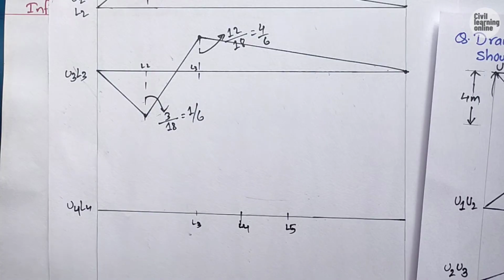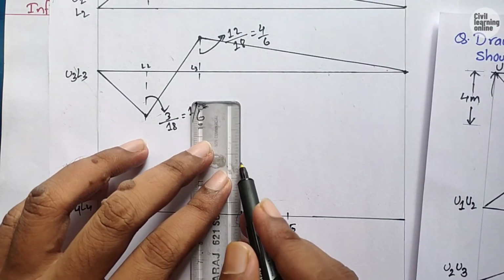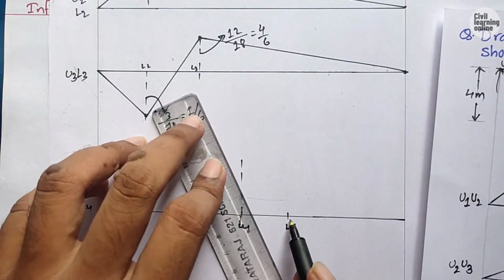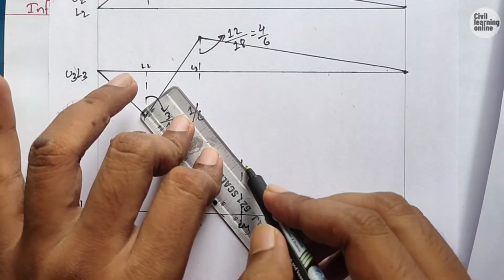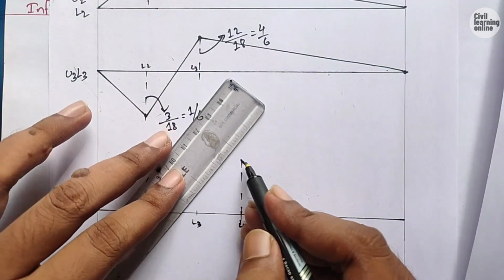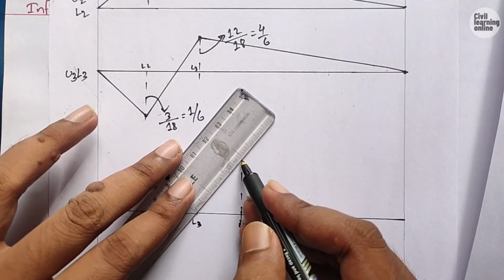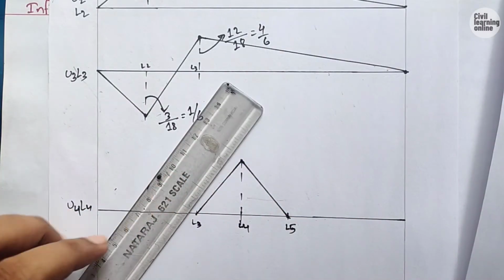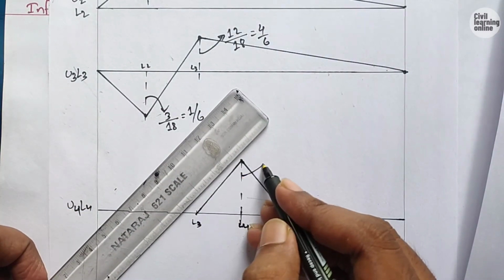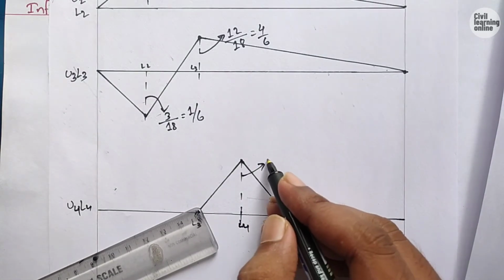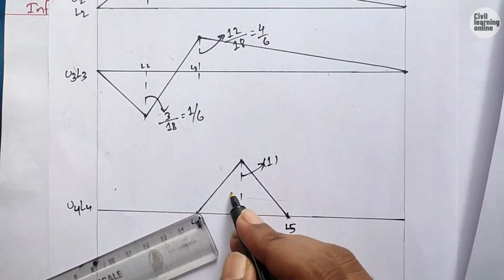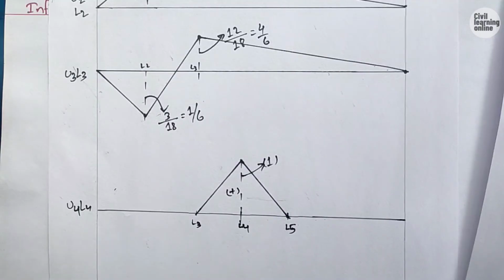So draw the height here and join the line with L4 and L5. These are the differences, means you will notice the difference for drawing the influence line diagram in deck type bridge while drawing the influence line diagram for the vertical member, and the height is going to be unity and this is positive. This much for the vertical member.